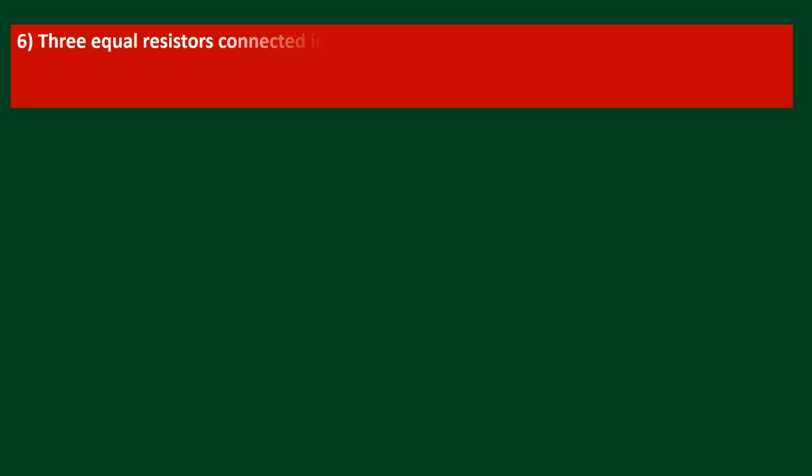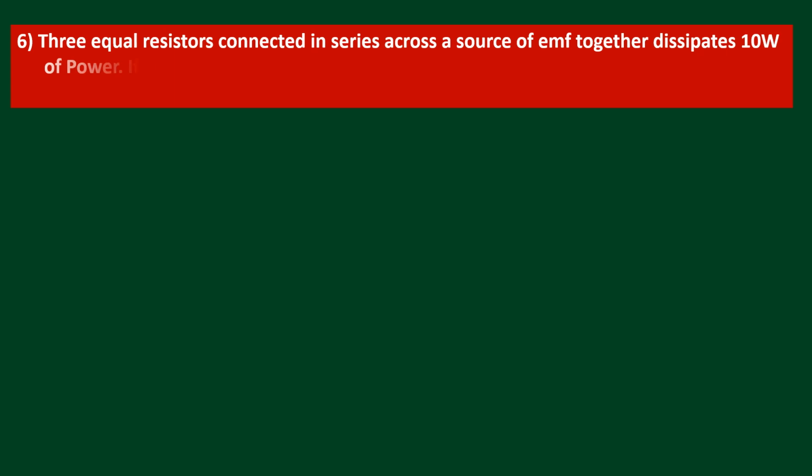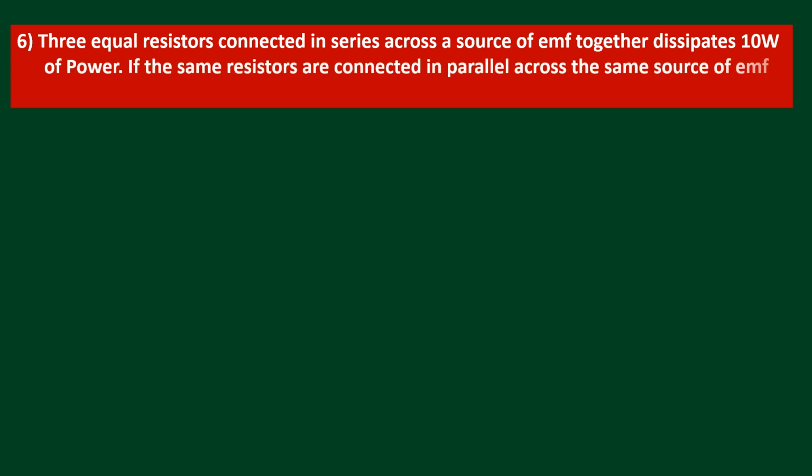Three equal resistors connected in series across a source of EMF together dissipates 10 watts of power. If the same resistors are connected in parallel across the same source of EMF, the power dissipated will be. So let us try to solve this question.